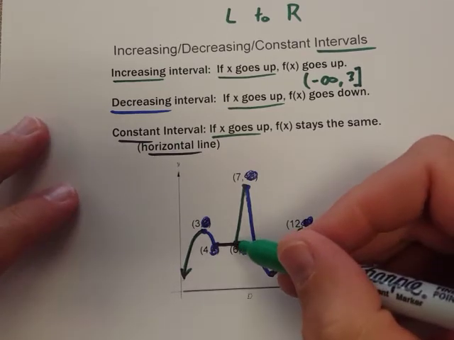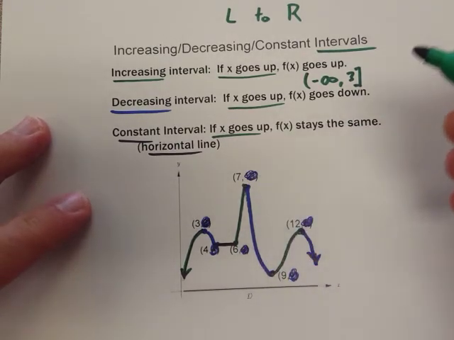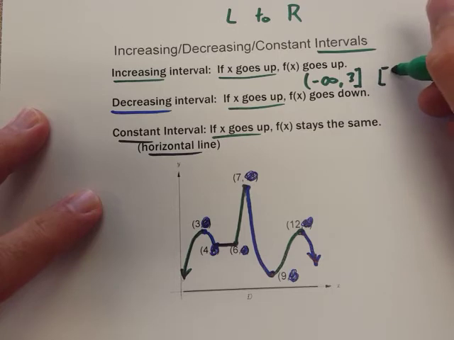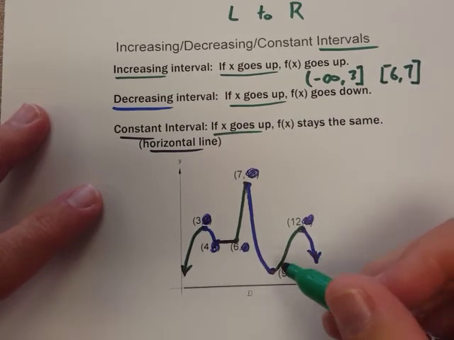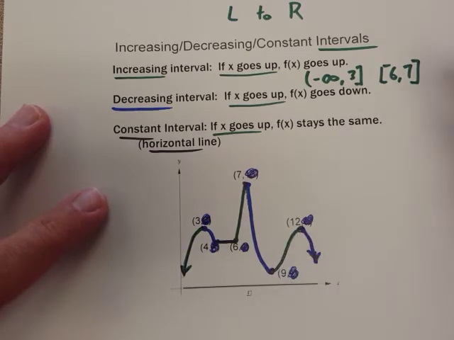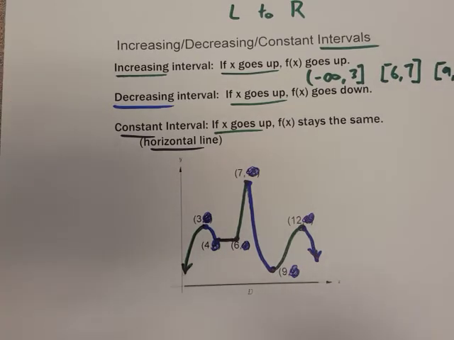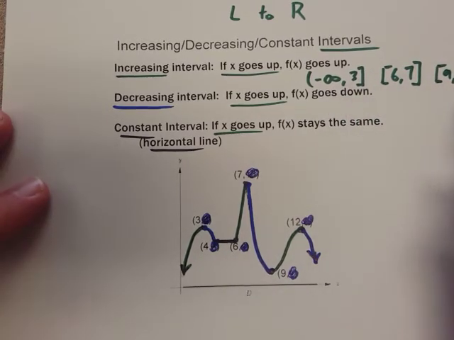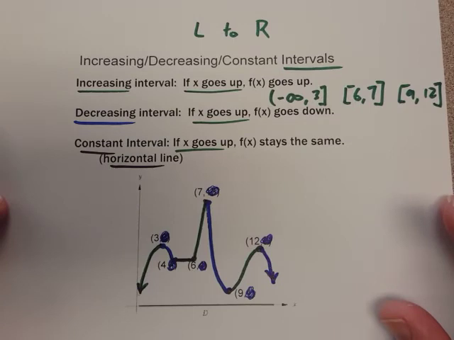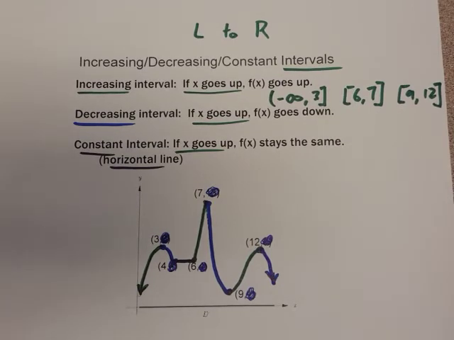Another green one is 6 to 7. And then finally the last green one is 9 to 12. All square brackets on those, but those are the 3 different increasing intervals in this particular problem.